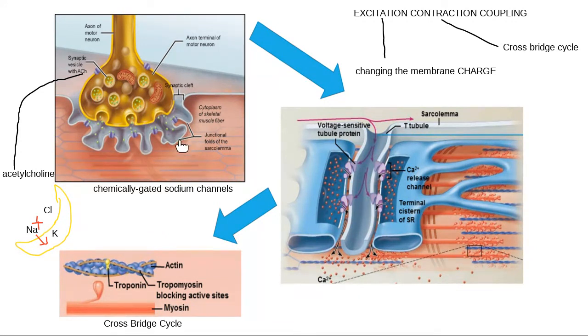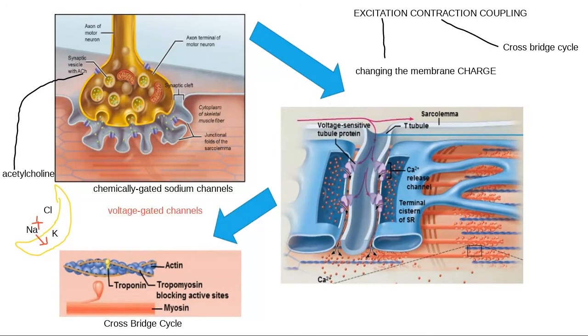When my charge starts to change, what kind of gated channels start to open if the charge is being all funky now? Yeah, exactly. My poor baby. I apologize. You can probably hear him. When the charge changes on the plasma membrane, we start to open voltage-gated channels.